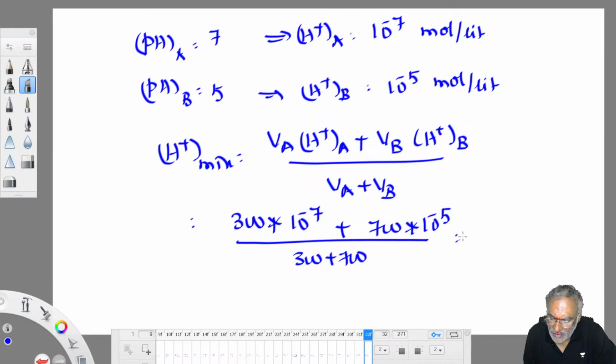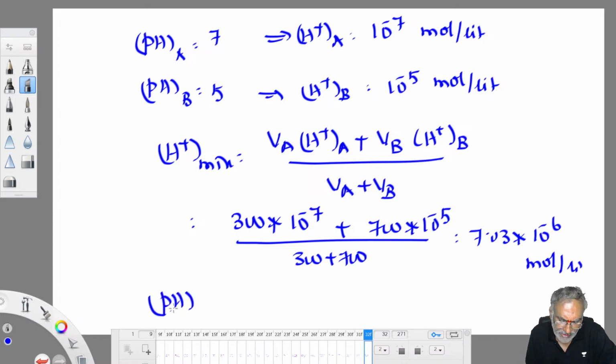So it is 7.03 into 10 power minus 6 moles per liter.